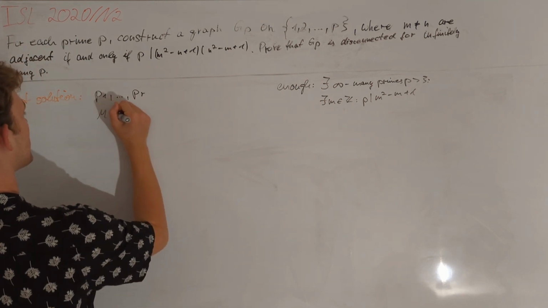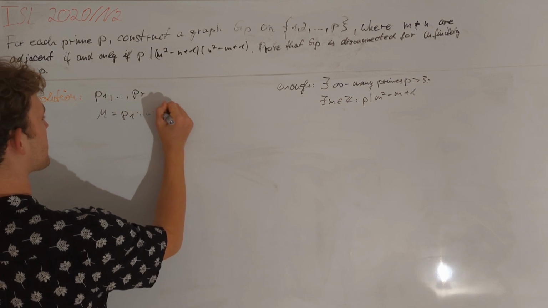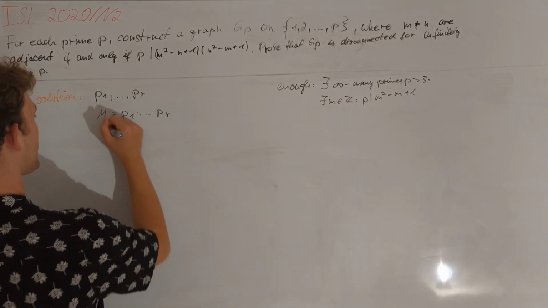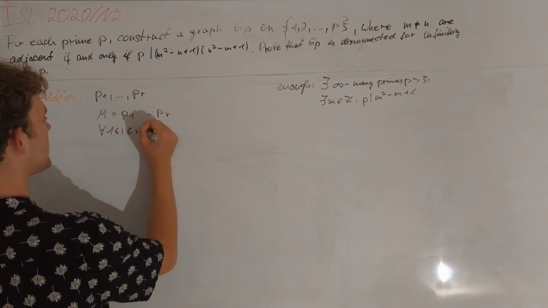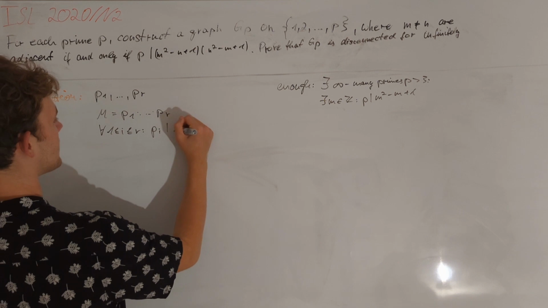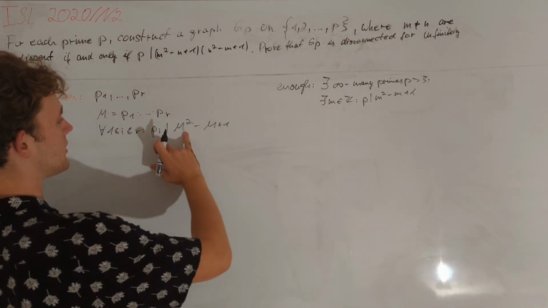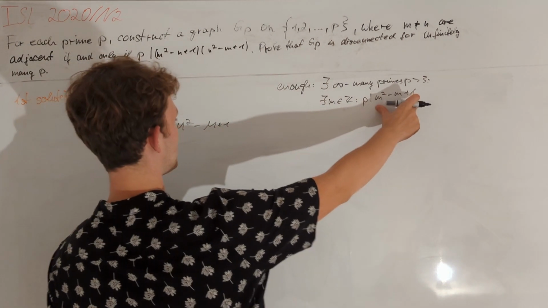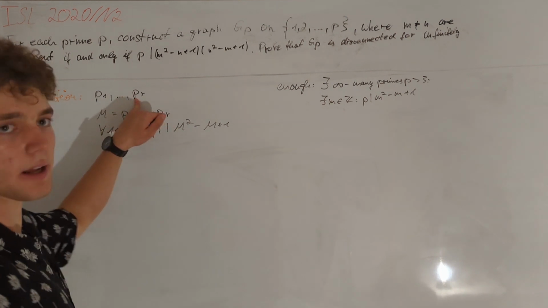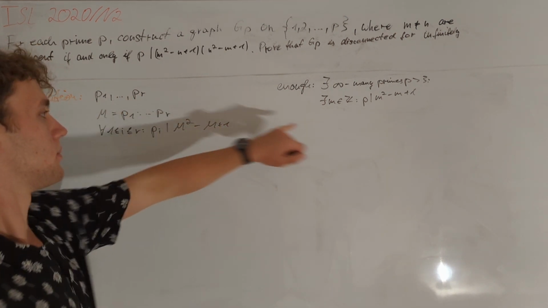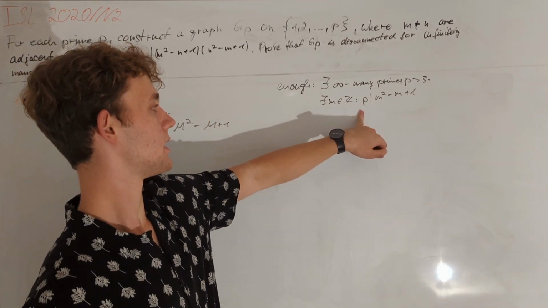Then we let M be their product. And then for all such indices i, Pi does not divide m squared minus m plus 1, but this number is of this type, and it is also larger than 1, because we can verify that at least one prime is in this set, because for instance, plugging in m equals 3 yields p is 7.